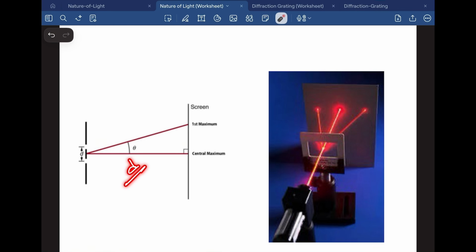In most common questions, the d is given, and this is basically the s which they also give us. If they don't give this d, we can actually calculate it, and this is the distance between the central maximum and the first maximum, which is generally given in the exam questions. If we have both of these, then we can definitely use tan theta to calculate this theta value. We never ever use a protractor.